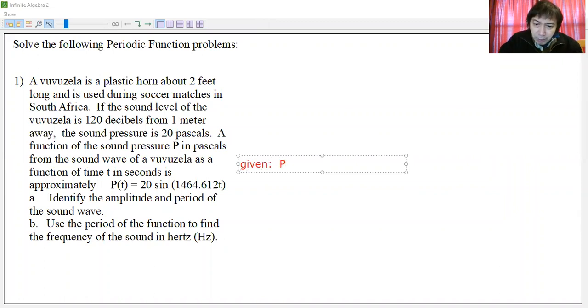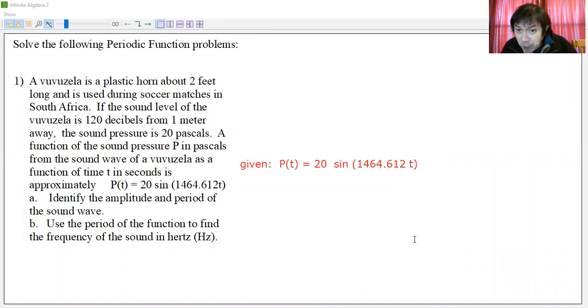The given is P of t equal to 20 sine of 1464.612 t. What you can see here is comparable to our working formula in our discussion about sine and cosine graphs.